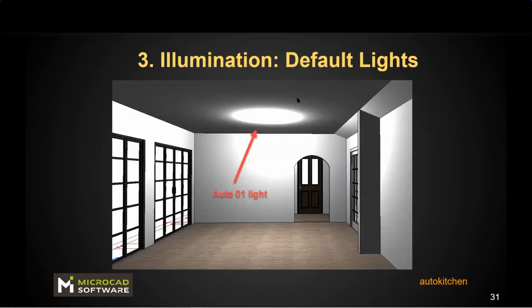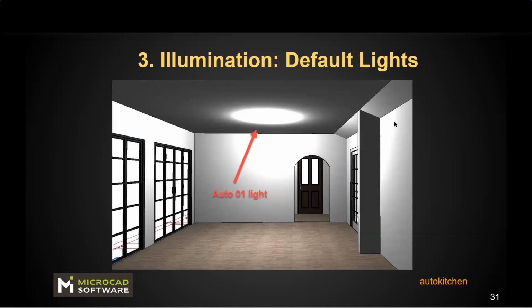This is how the default lights look when you are in fast shade. It's not a very alluring look, but it's the way it looks. So what happens here is we have a kitchen with a partition wall. That door on the back is an entrance there or something, and that room will have another auto light.